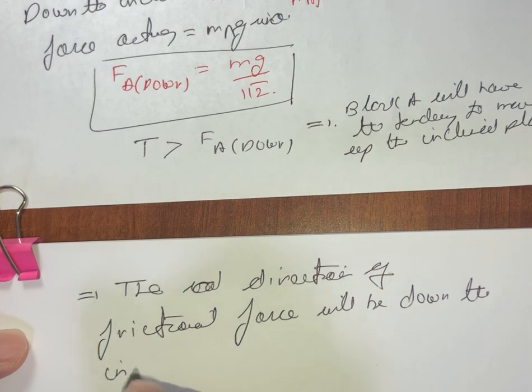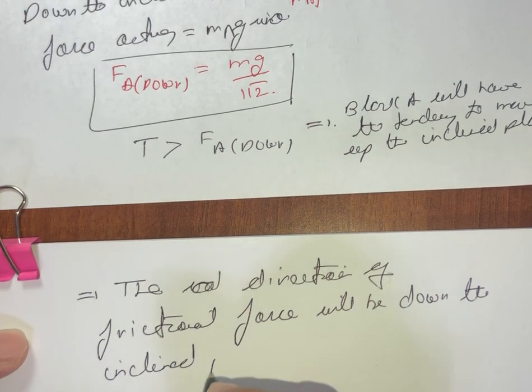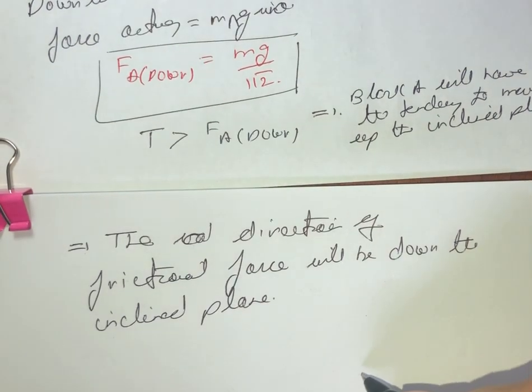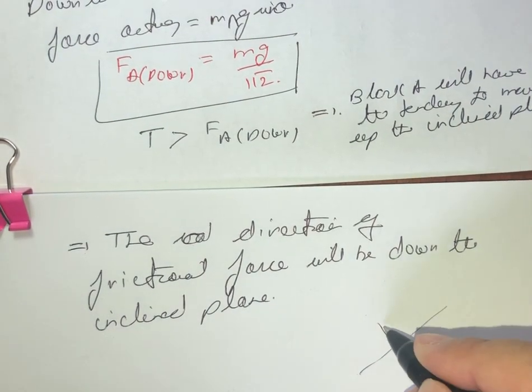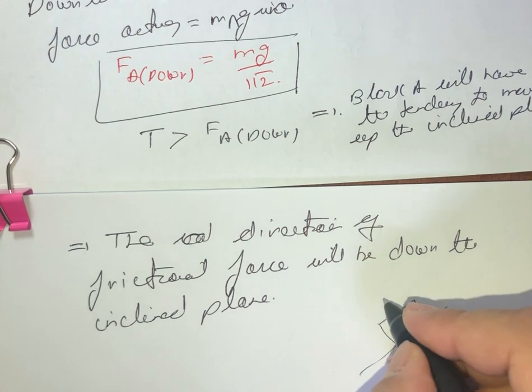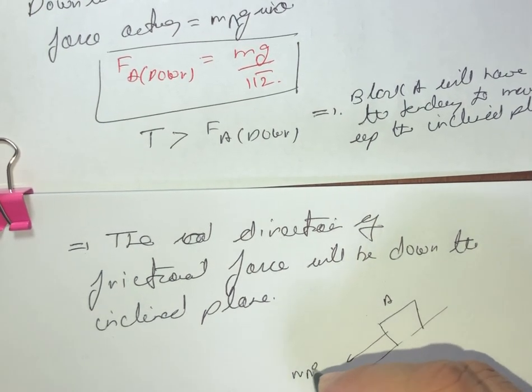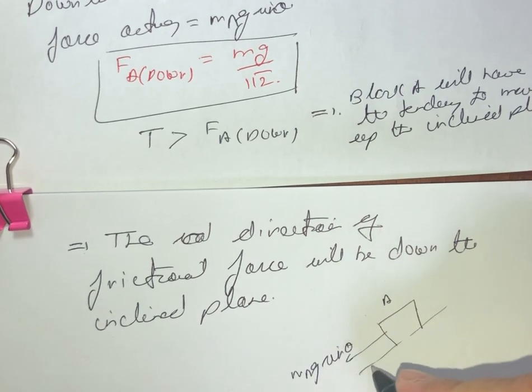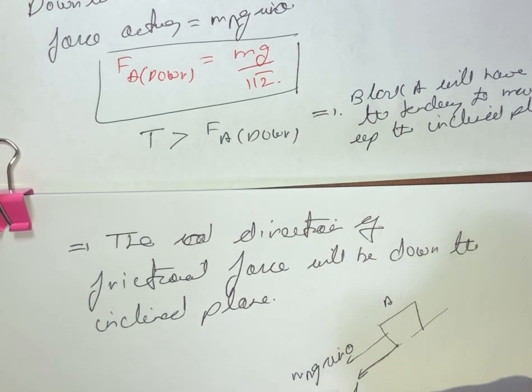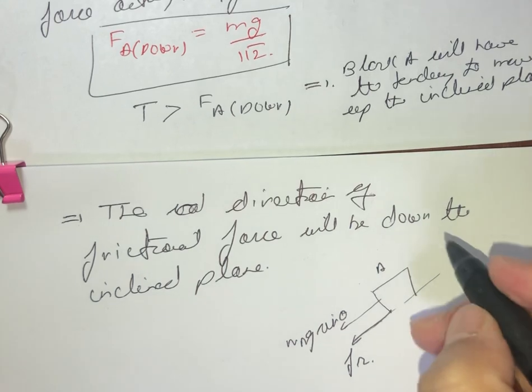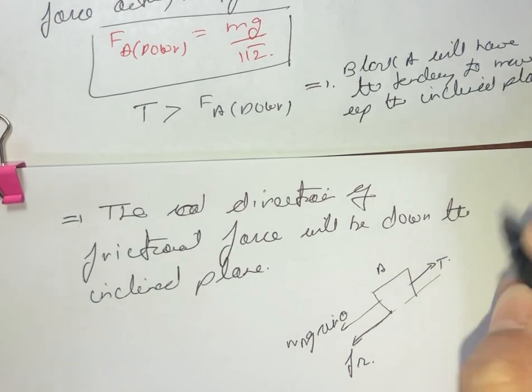So let us draw the direction of friction. This is block A. We have here ma g sine of theta, FR, and the tension T.